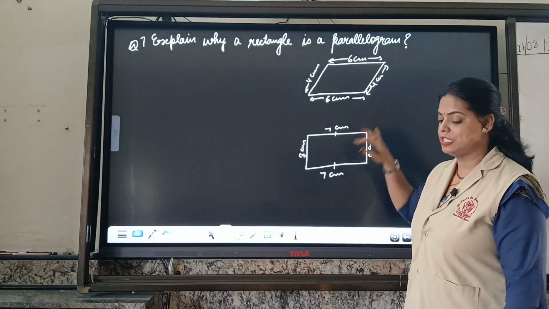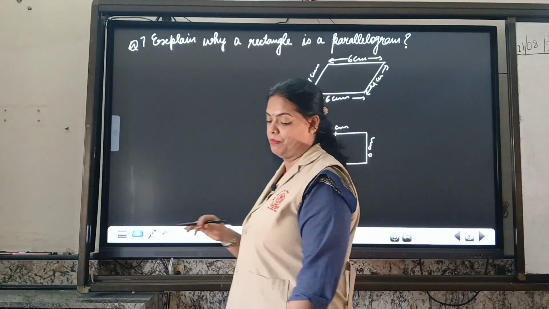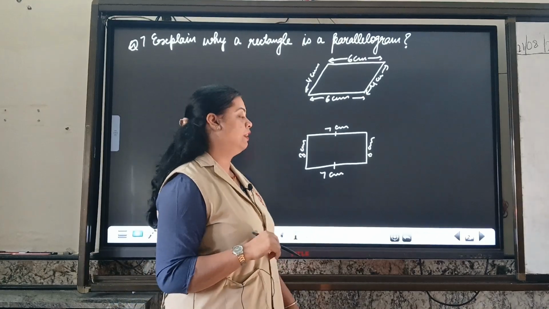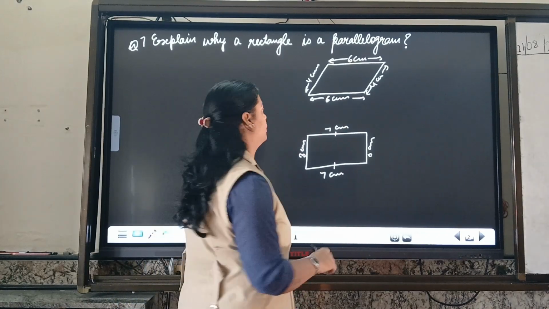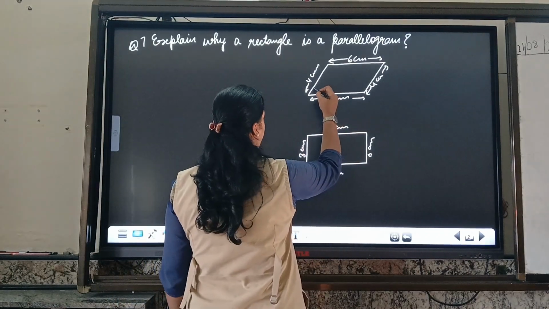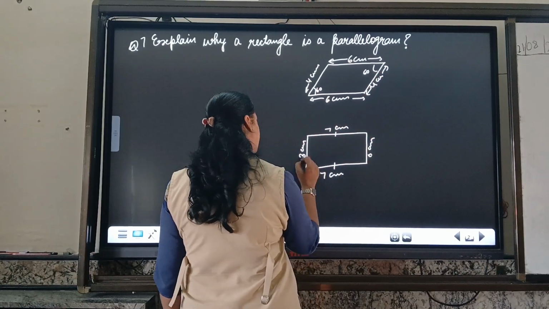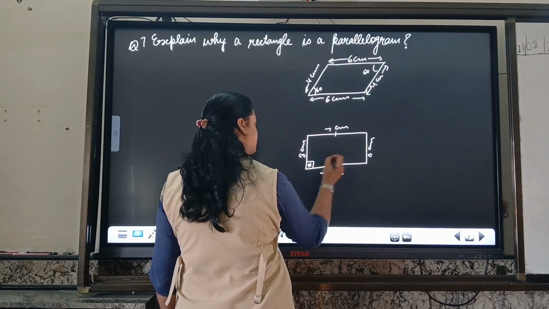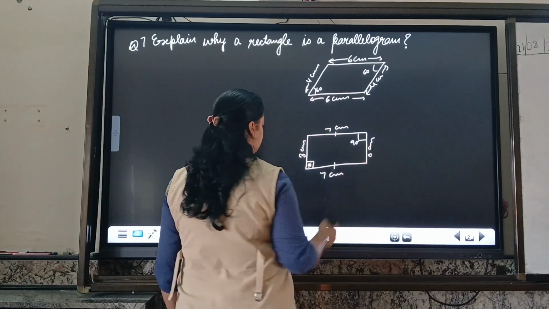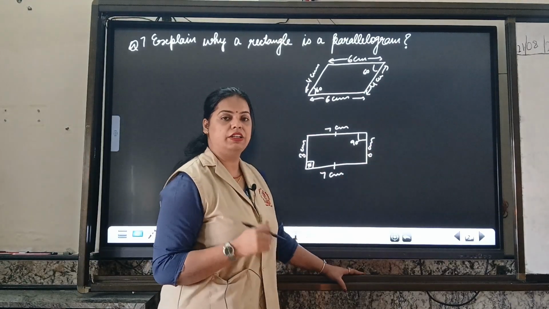Opposite sides are equal and parallel in both cases. Another thing, opposite angles: we have read about this property of a parallelogram. If it is 60, then the opposite would be 60. Here if one corner is 90, then the other will also be 90. Opposite angles are equal.